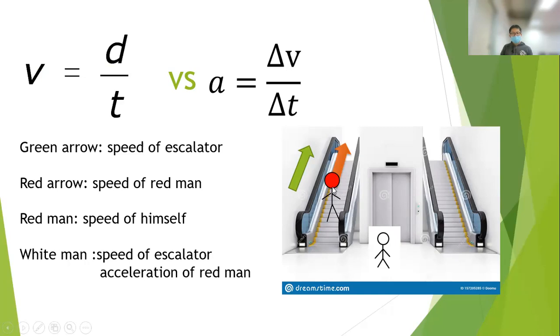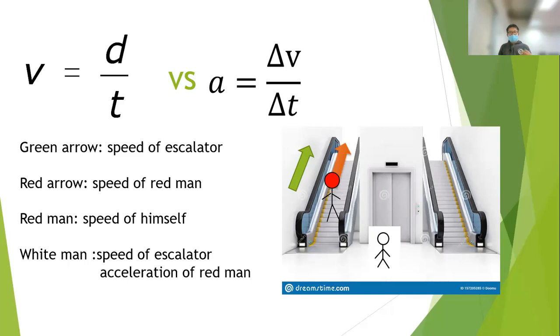standing on the escalator. As you can see, this escalator is pushing the red man up. But the red man can't realize he's going up unless he observes his surroundings and notices, oh, I'm going forward, so I'm changing my position, I'm going up.